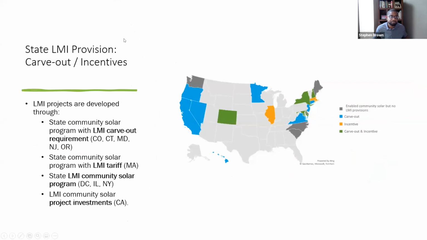And then if you look at community solar as it relates to addressing low to moderate income families and communities, that's what LMI stands for. If you look at the projects here, these are mainly states that have some type of incentive or policies around making sure that everyone has access, whether it's additional incentives for low to moderate income communities, or a certain carve out, where a certain percentage of the subscriptions have to be folks who live within that socioeconomic group in that state.